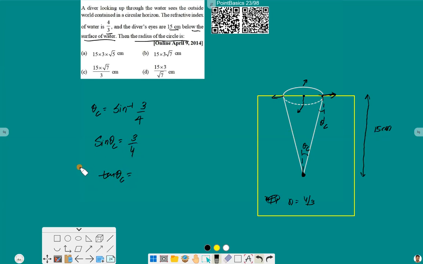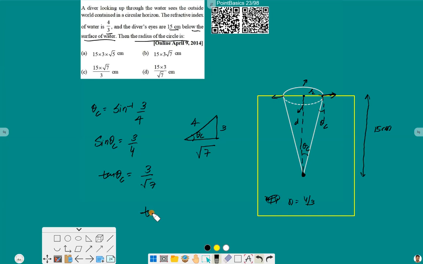If sine of theta c is 3 by 4, using a triangle, suppose this is theta c, and this will be 3, this will be 4, so this will be under root of 16 minus 9, or root 7. So tangent of theta c here will be 3 by root 7. In this triangle, suppose this is the radius and this is the depth.